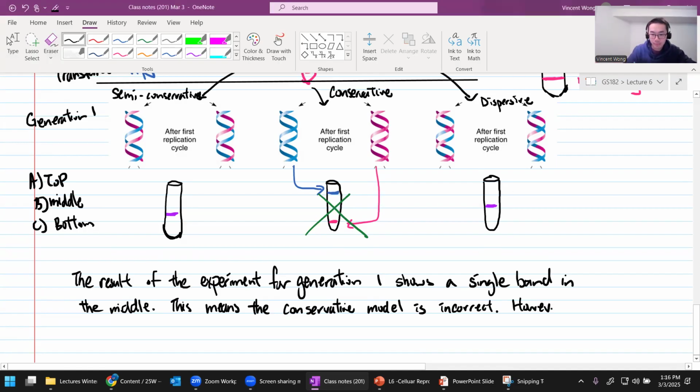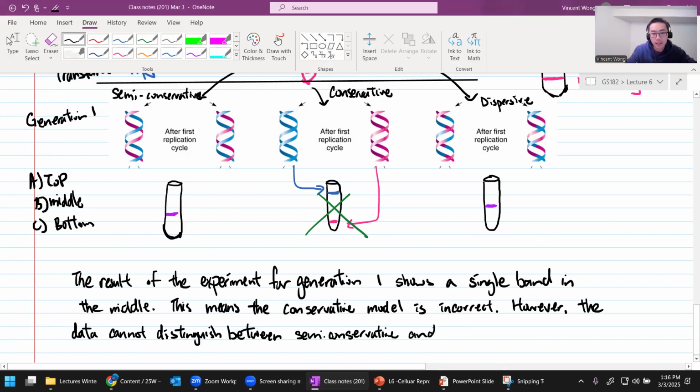However, the data cannot distinguish between semi-conservative and dispersive. Okay, can't tell whether it's this one or this one. They both would look the same.